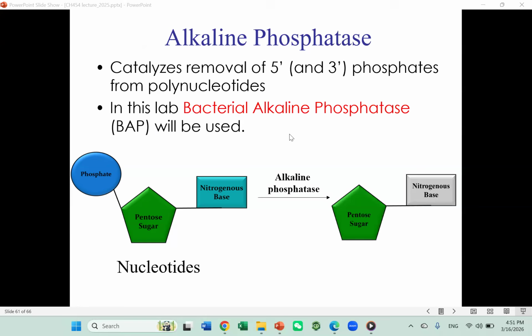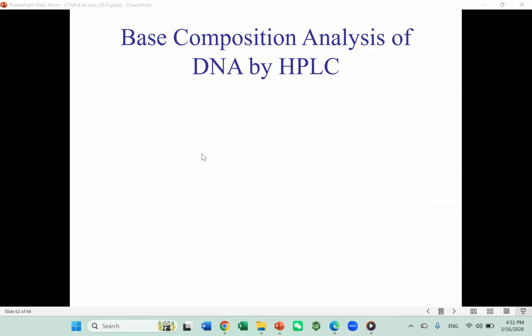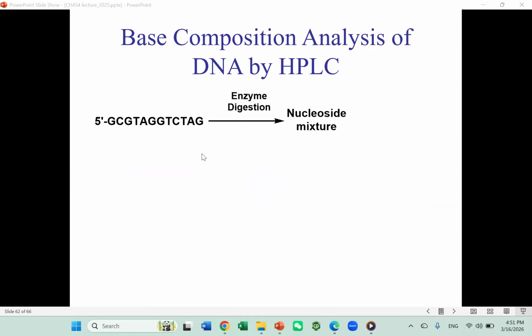This enzyme is called bacterial alkaline phosphatase, BAP. It is a phosphatase type and only cleaves off the phosphate. Once we get the nucleoside, we can analyze the components by HPLC.